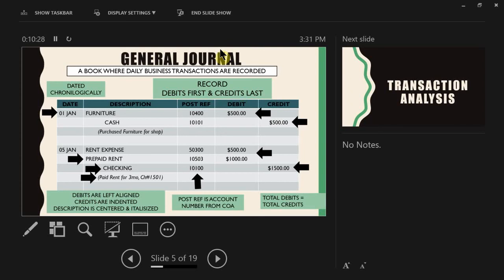So this is where I go ahead and say my total debits is equal to my total credits. So here's my action, and here's my equal and opposite reaction right here. My total debits is equal to my total credits. Any questions in regards to how a general journal looks like or how to write one? No. Okay. Got that. No questions.